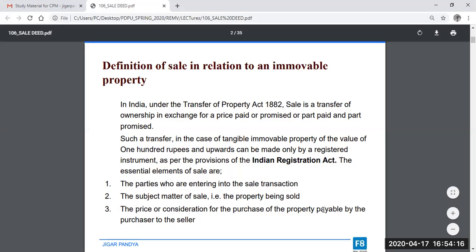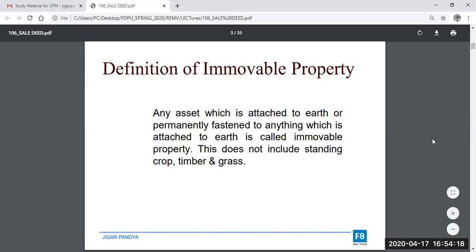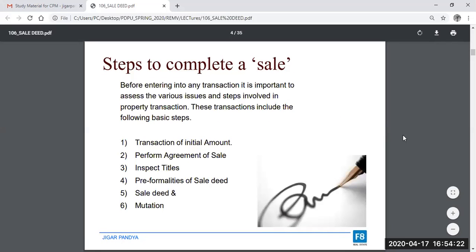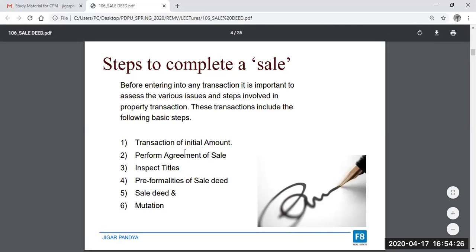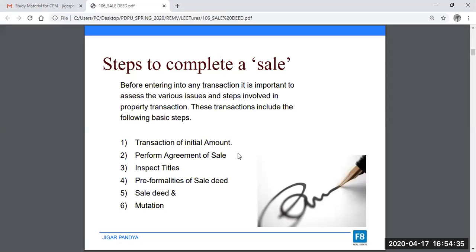Now, we will see the definition of the immovable property, but we can look at the different steps involved in ensuring that a sale is complete. So there are six major steps when it comes to completing a sale.